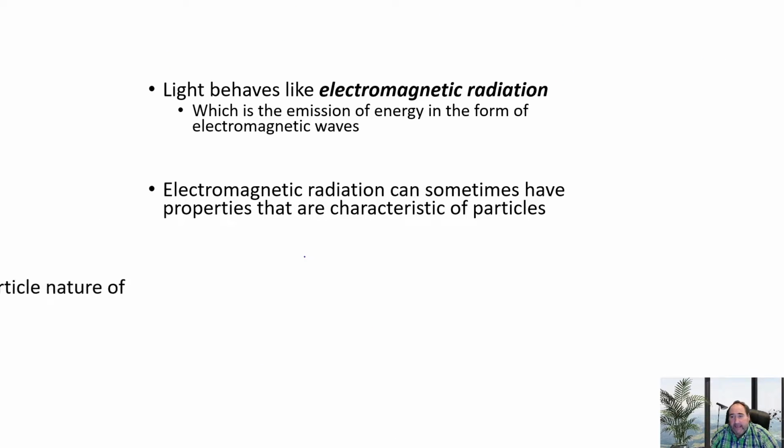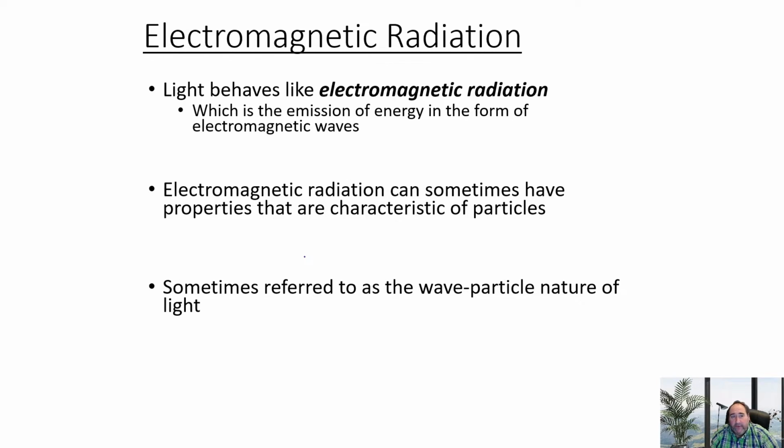So the idea here, as we go through electromagnetic radiation, is that light behaves like electromagnetic radiation, which is the emission of energy in the form of waves. Electromagnetic radiation can sometimes have properties that are characteristics of particles.